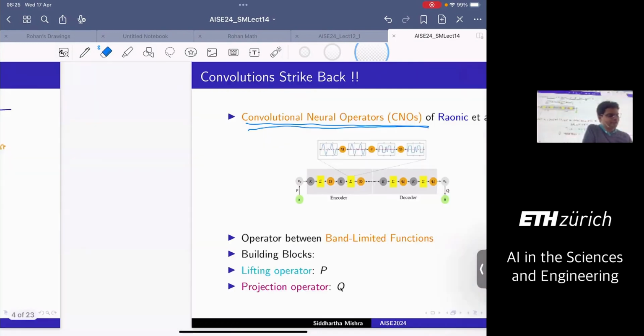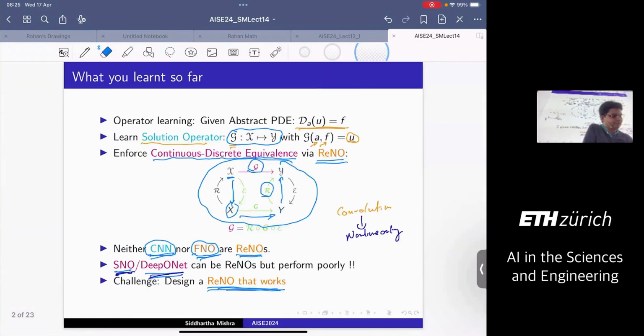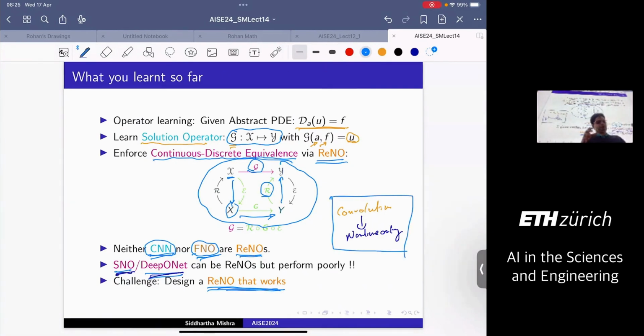We always have this workflow: we have convolution, we have nonlinearity, and we have to modulate these two. For CNNs, convolution itself was no longer structure preserving, and for FNO, even though convolution was structure preserving, the nonlinearity was not. So we have to work with both these layers in order to ensure that the right kind of structure is preserved.